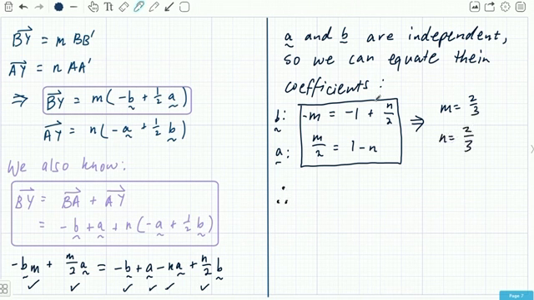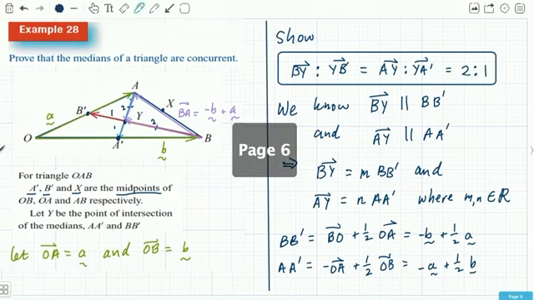Therefore, what we were trying to do here is show this relation and find what m and n are. So what we've got now is we've shown that B to Y is 2/3 of B to B dash, and that A to Y equals 2/3 of A to A dash. And if we think about it, that's exactly what we want to show, because we wanted to show that this distance here, A to Y, is 2/3 of the distance between A to A dash.